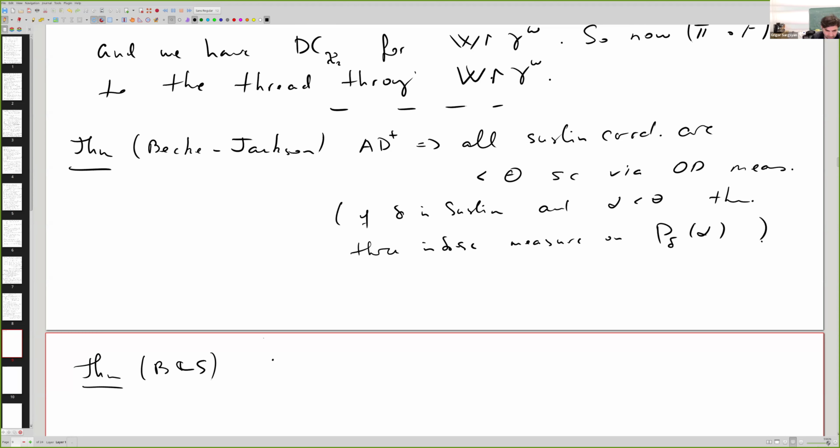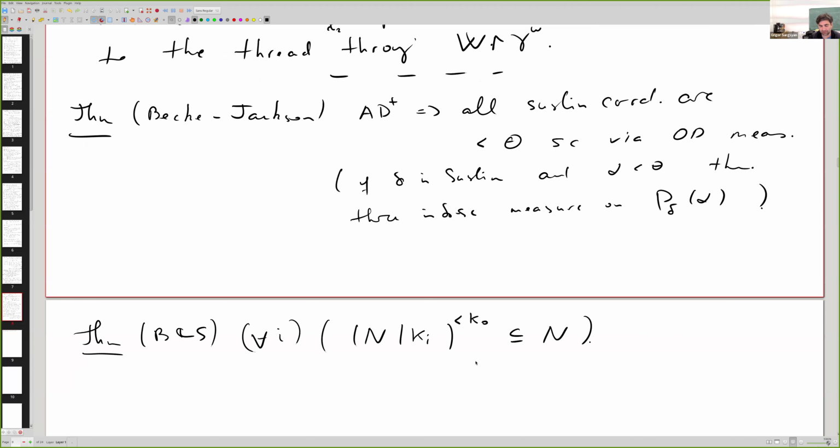In the parent determinacy model, and up to psi, for every I and up to kappa I plus 1, well, and up to kappa I, less than kappa 0 is a subset of N. So the N is closed under less than kappa 0 sequences.